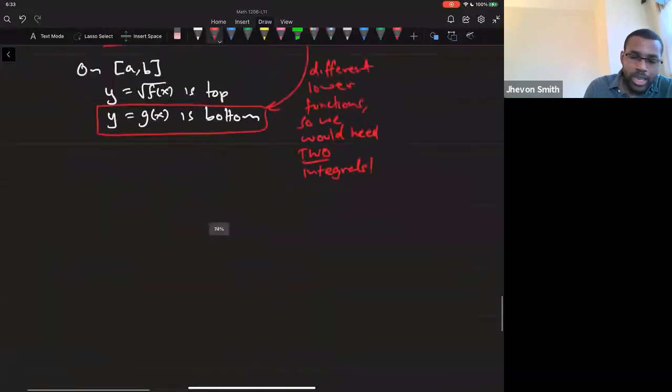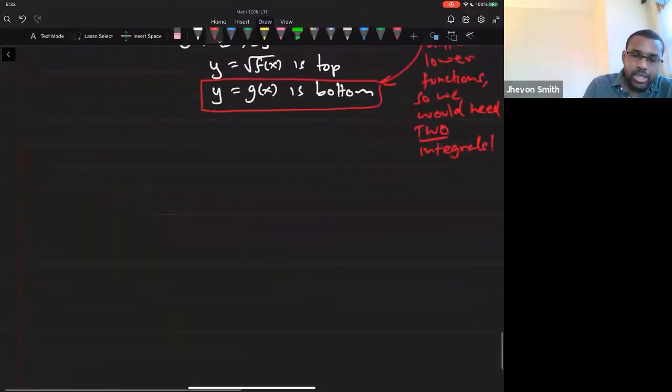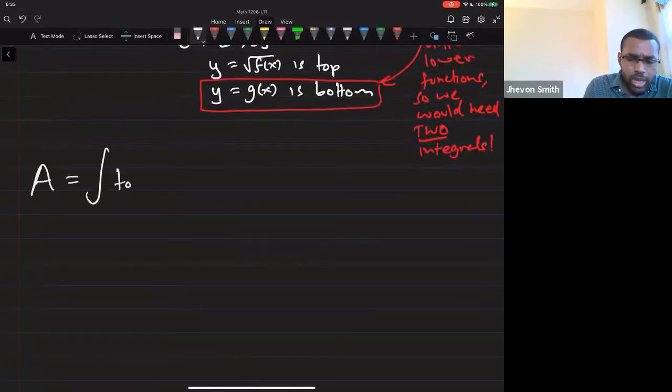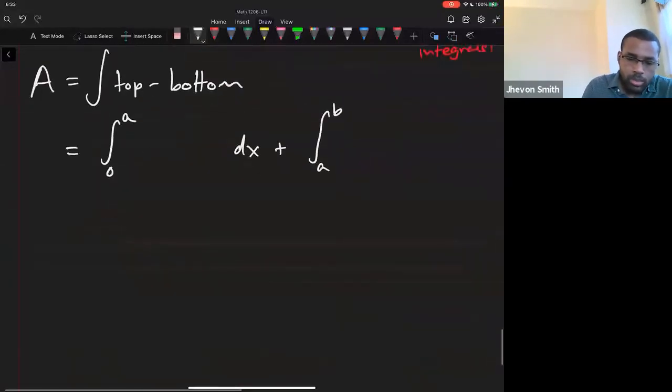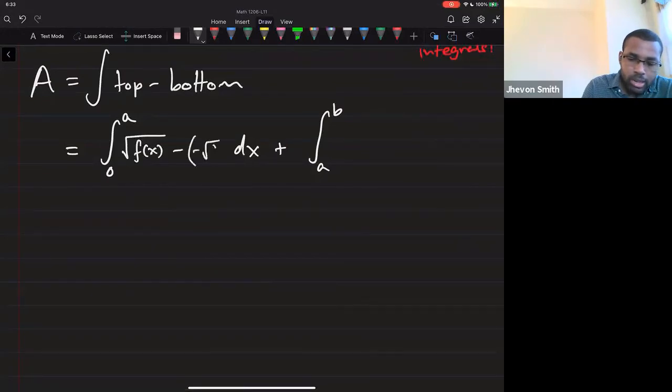So you would have to say, in this case, the area, if it's the integral of top minus bottom, then there's going to be a different top and bottom from 0 to A as there is from A to B. So from 0 to A, you would have the radical of f of x minus the negative radical of f of x.